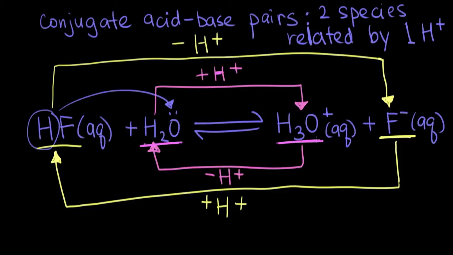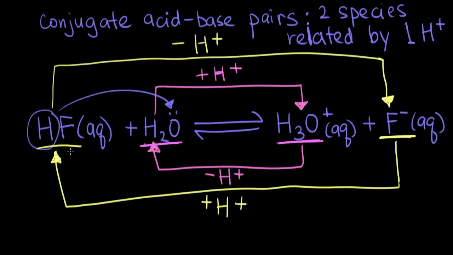You can probably tell from the name, but whenever you have a conjugate acid-base pair, one thing in the pair will be an acid, and the other thing will always be a base. The definition of which one is the acid and which one is the base comes from the Bronsted Lowry definition of acids and bases. The Bronsted Lowry definition says anything that can donate an H plus, anything that will give away an H plus, is an acid.